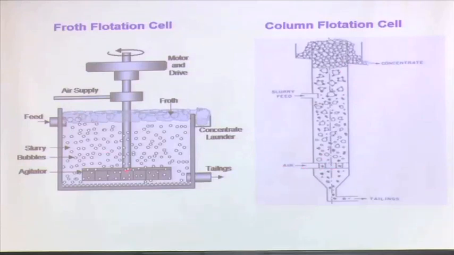Here the particle distance is less, so maybe my unwanted materials may also be carried because of entrapment or entrainment phenomena. So, you are allowing them to drain out, and I want to get a cleaner product. But when you give more residence time, definitely your capacity will be less. So, that is the challenge.